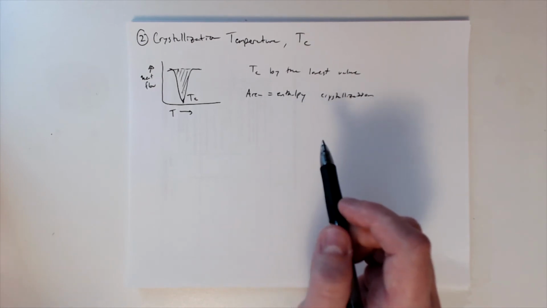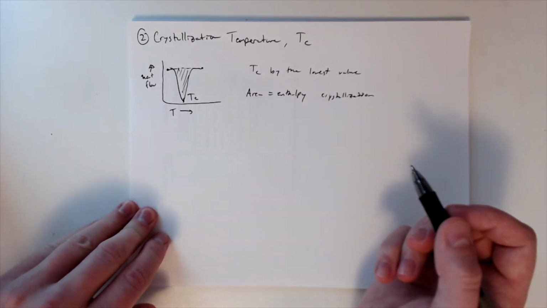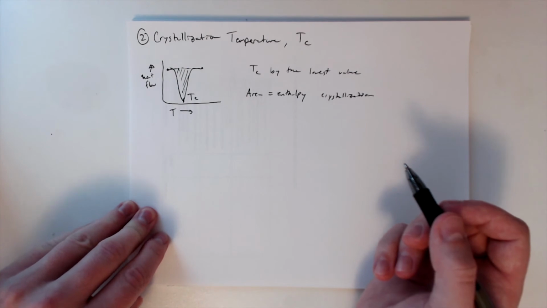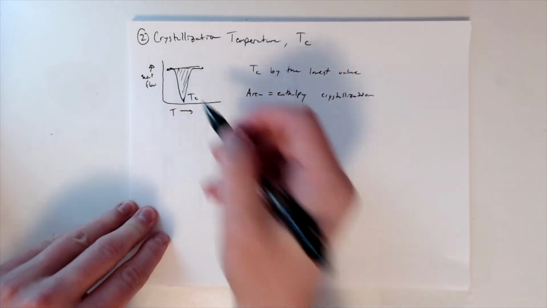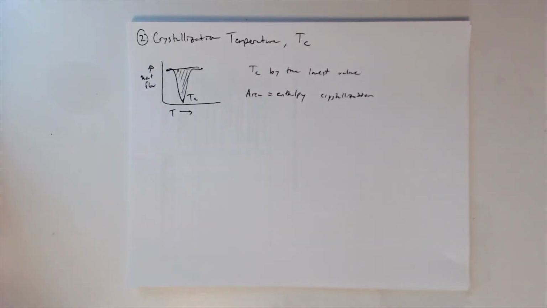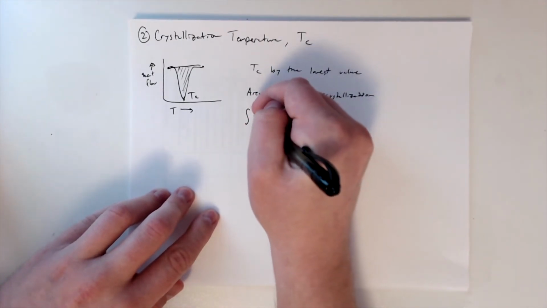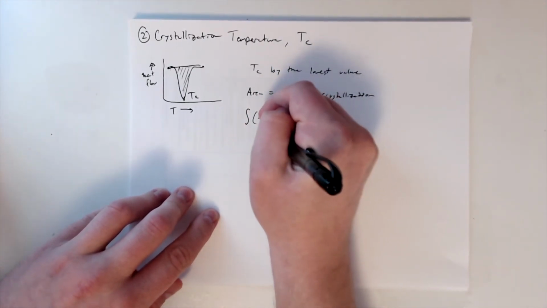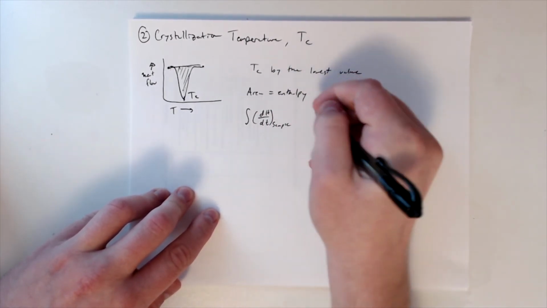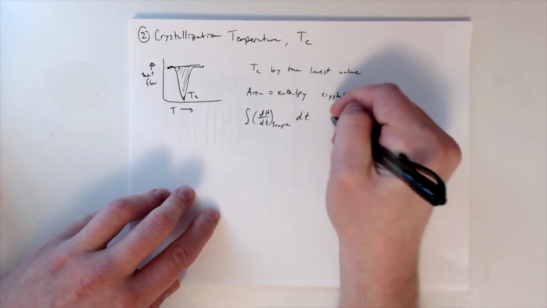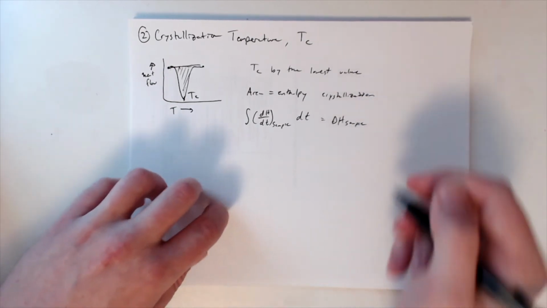So the way that this is done is that basically we set boundaries, like you'll see in the peak fitting video, it fits a linear line, and then calculates the area underneath. Okay, so we can write that out mathematically as the integral of the change in enthalpy with time of the sample dt. And so that's going to be the enthalpy of the sample.